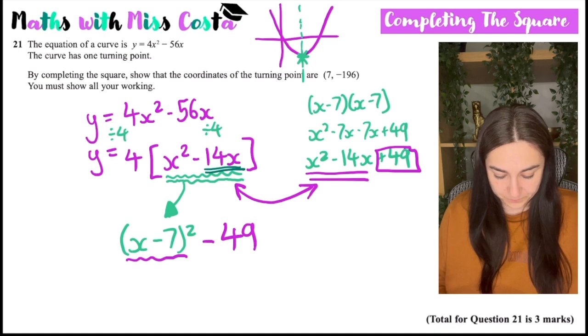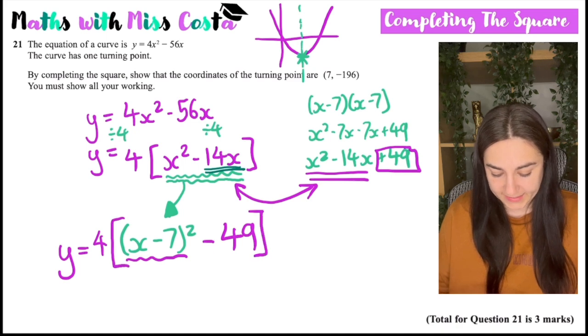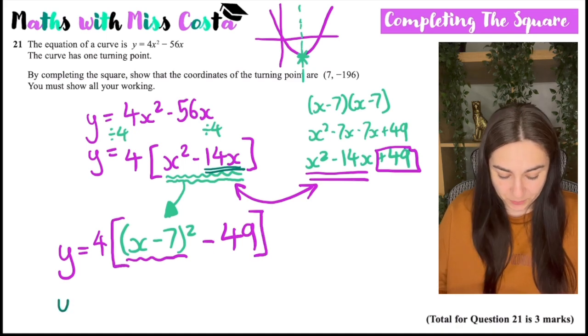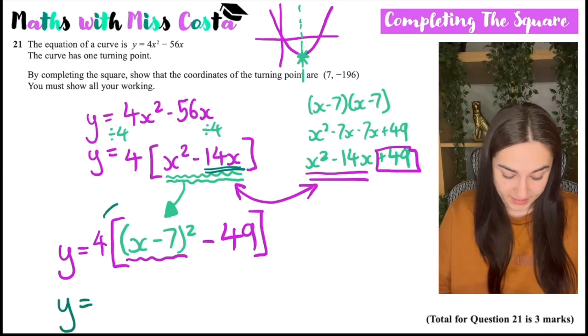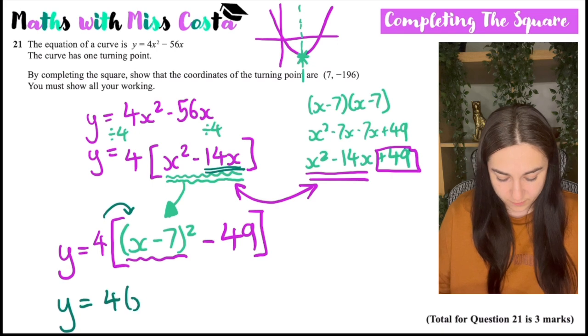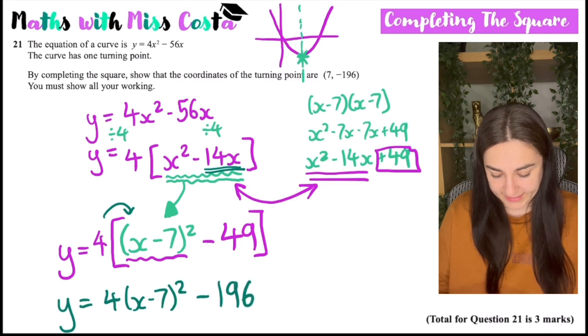So I have completed the square of this equation, but don't forget that I factorised it. So what I can then do is expand the brackets up again. That would become 4 lots of x minus 7 squared, and then 4 times negative 49 is minus 196.